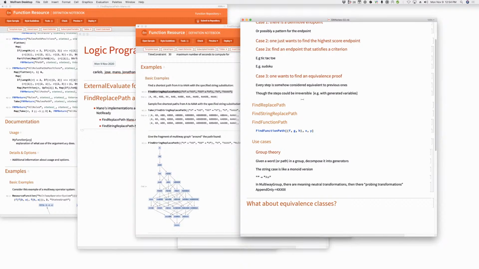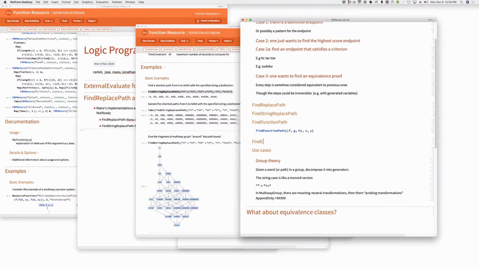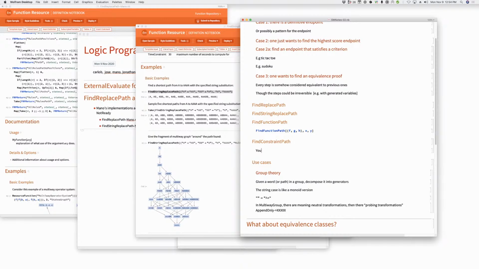So an alternative would be yet a different case here, which is some kind of find constraint path, where you have a generator of motions, and you have a constraint that it must satisfy.